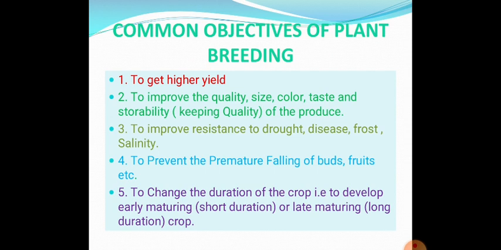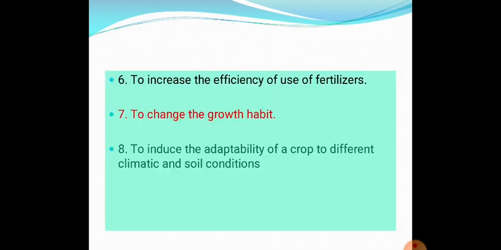That means we need to develop early maturing or late maturing varieties. We need to increase the efficiency of use of fertilizers. We need to change the growth habits. We need to induce the adaptability of a crop to different climatic and soil conditions.